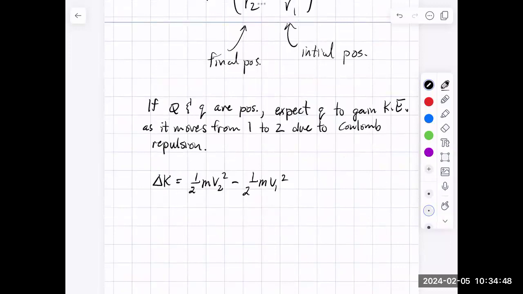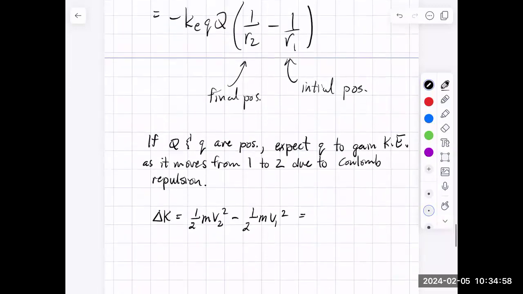If it gains speed, v2 would be greater than v1, and so that should result in a positive quantity. And let's compare that to minus Ke Q times Q times 1 over r2 minus 1 over r1.